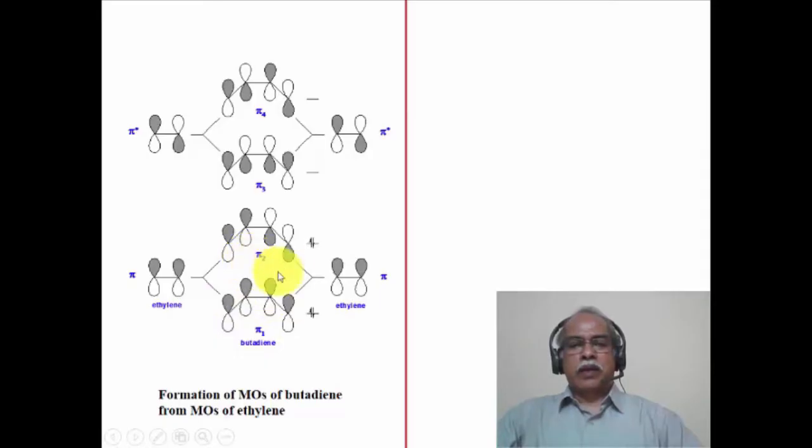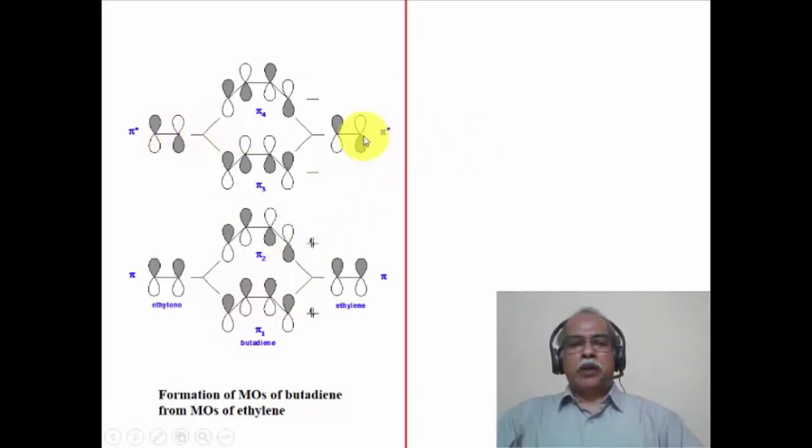Then you have a combination where these 2 molecular orbitals combine to give butadiene with a node at the center of the molecular orbital. The cursor is at the nodal point in this molecular orbital, whereas the other molecular orbital does not possess any nodal point along the carbon-carbon bond.